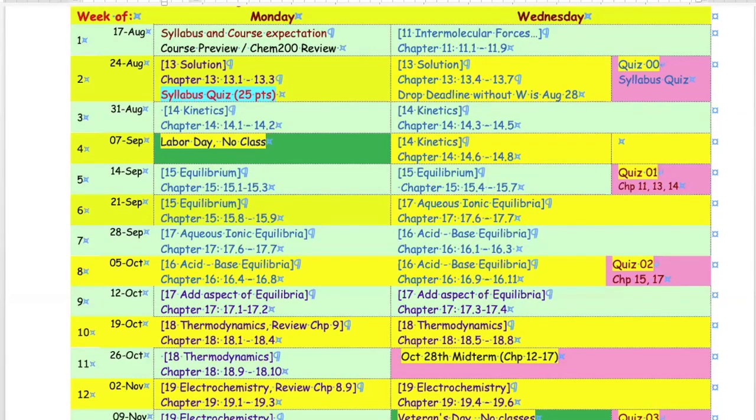Let me take a look at my calendar because I was getting confused between this class and my other class that I was preparing for. So let me take a look at my calendar real quick. October 28th is a Wednesday, and you are going to be taking it at the time we meet. This class is being offered between 5 and 6:30, so you have to make sure that you're free at that time.